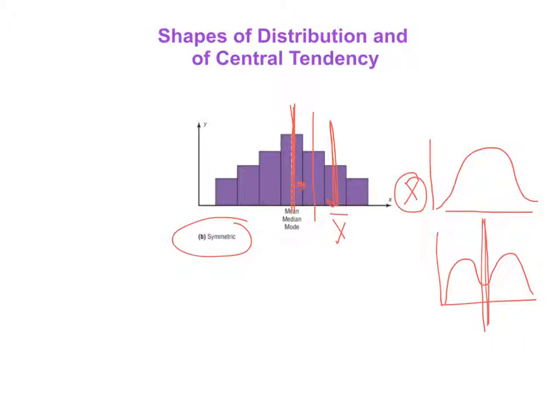So you have mode, median, mean, like this. When you have mode, median, mean, you move on to something that we know is right skewed.